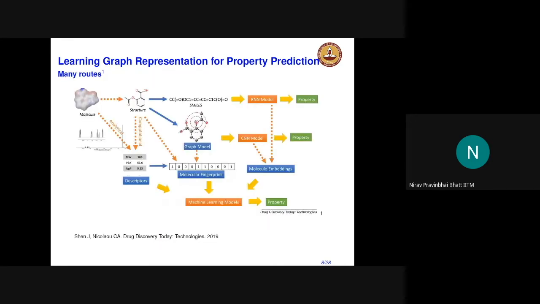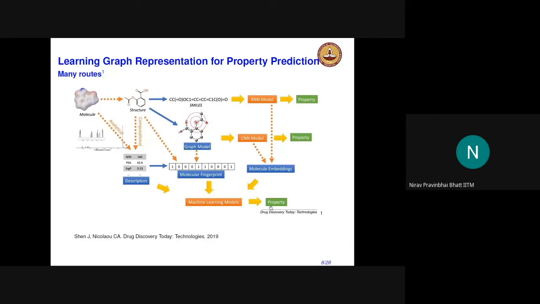So whatever route I have described in this slide, RNN, CNN, or machine learning, all of them earlier looked like they were using this SMILES string to predict the properties. But all this typically does is some kind of molecular embedding, and then uses another machine learning algorithm to predict the properties.